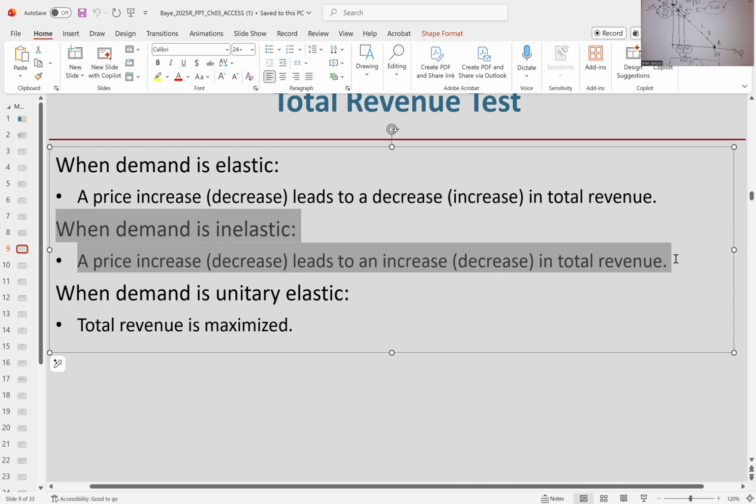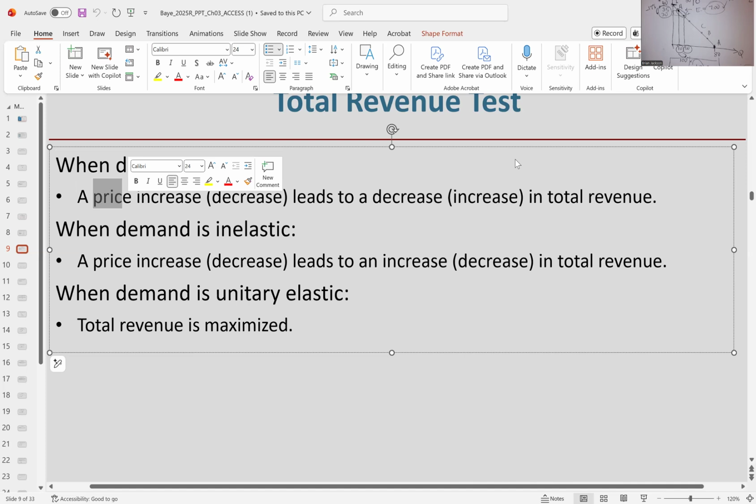I said price and total revenue. I said quantity demanded, but price and total revenue move either in the same direction or opposite of each other. So when demand is elastic, price and total revenue move in opposite directions. When demand is inelastic, price and total revenue move together.